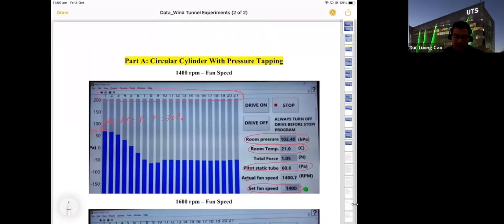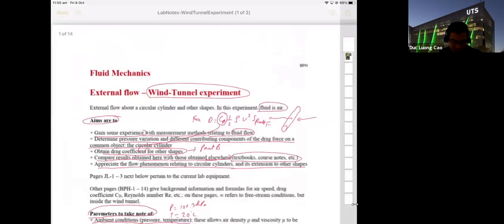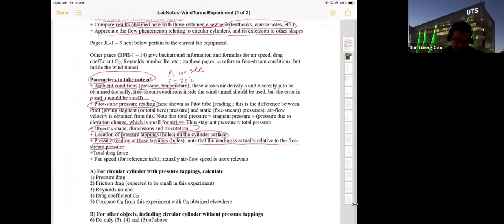So based on this figure, you can find the pressure inside the 21 holes. From this one, you can find P1. Then this one is the total force and fan speed.